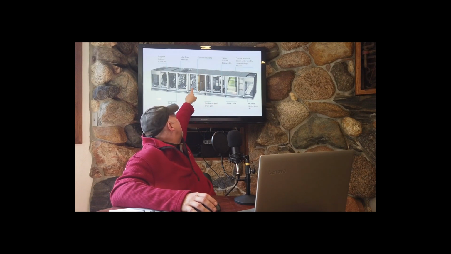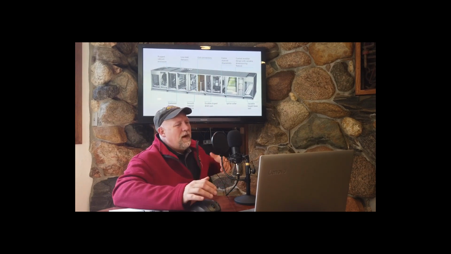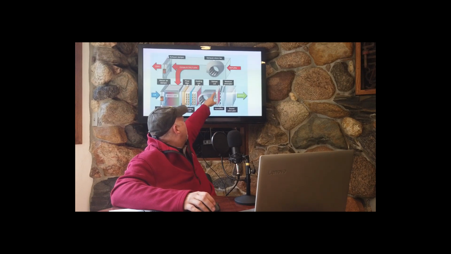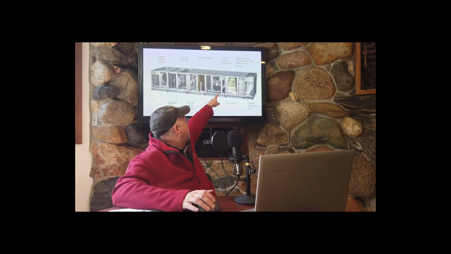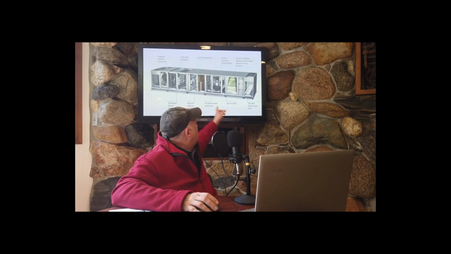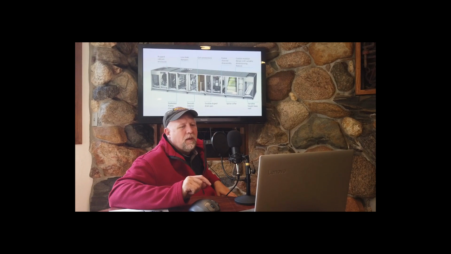Then we've got a filter and mixing section, which allows the outside air and return air to mix around to get a uniform temperature before it hits the heating coil and cooling coil. Now here's the supply air fan. And on this particular unit, downstream is a sound attenuator.